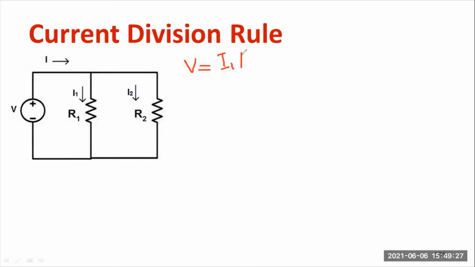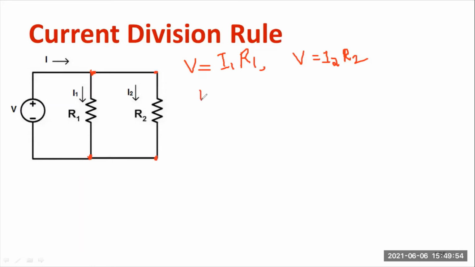And the same voltage coming across the other branch is equal to I2 into R2. It is very clear, no? Look at the branch voltage. V is equal to I1 into R1. Here, V is equal to I2 into R2. It is very much clear.